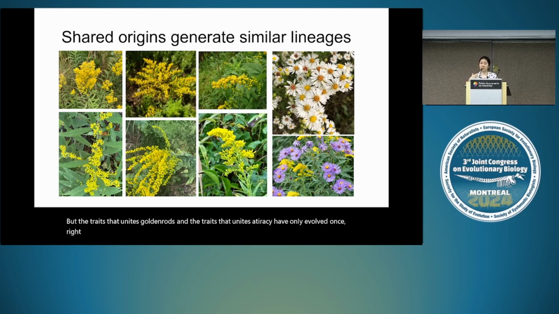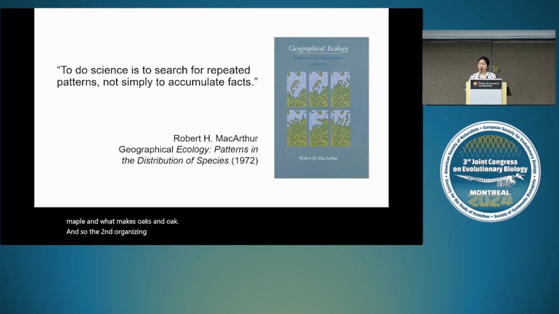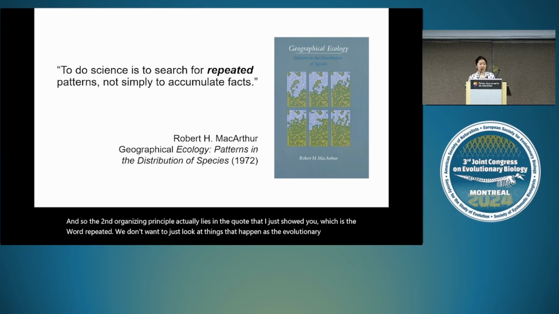Because the emergence of Asteraceae has only happened once, and the patterns and processes in these do not explain what makes maples a maple and what makes oaks an oak. And so the second organizing principle actually lies in the quote that I just showed you, which is the word repeated. We don't want to just look at things that happen as an evolutionary singularity. We want to look for patterns that happen repeatedly across the tree of life.